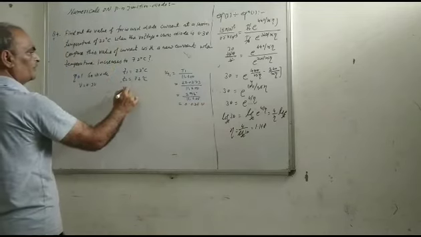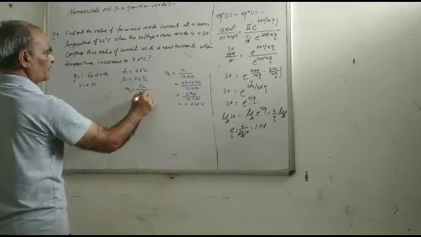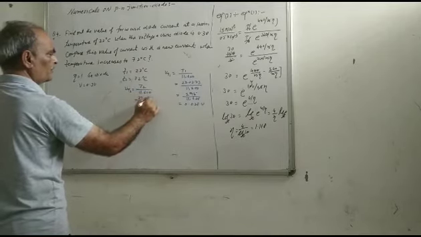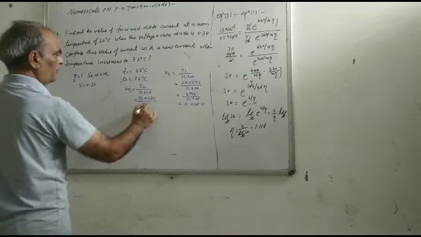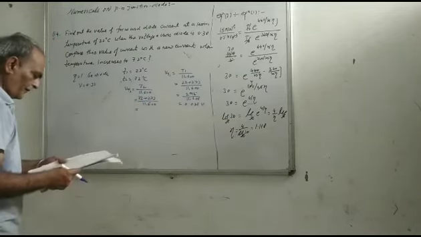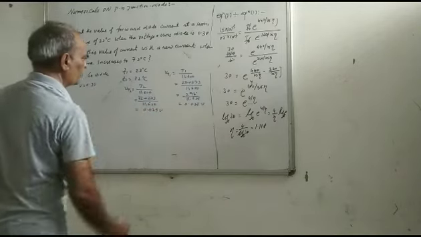VT2 is equal to T2 upon 11,600, T2 is 72 plus 273 upon 11,600, this value is 0.029 volts.